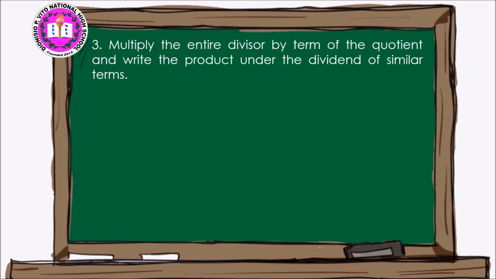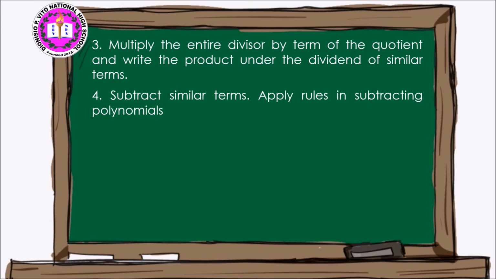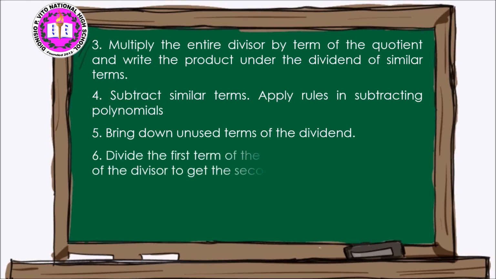The third step, multiply the entire divisor by the term of the quotient and write the product under the dividend, aligning similar terms. The fourth one, subtract similar terms. Apply rules in subtracting polynomials. Then bring down unused terms of the dividend.